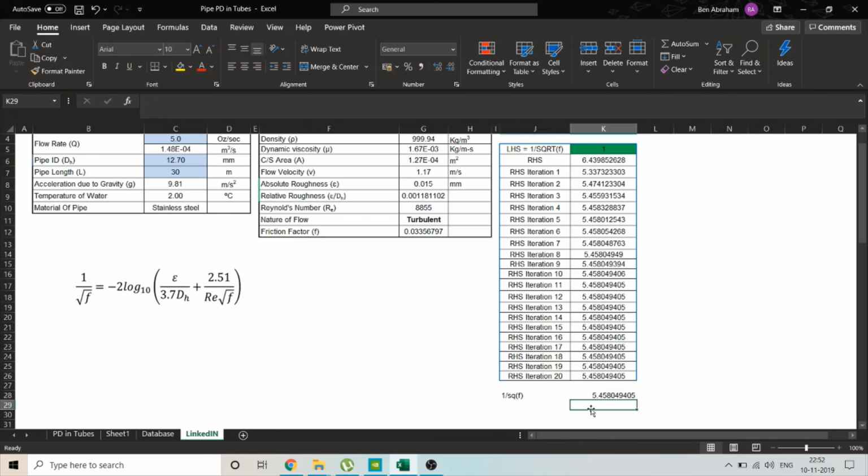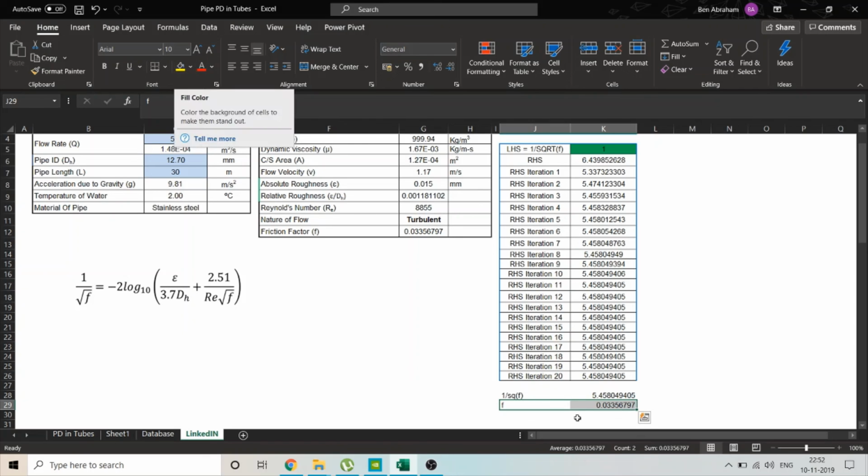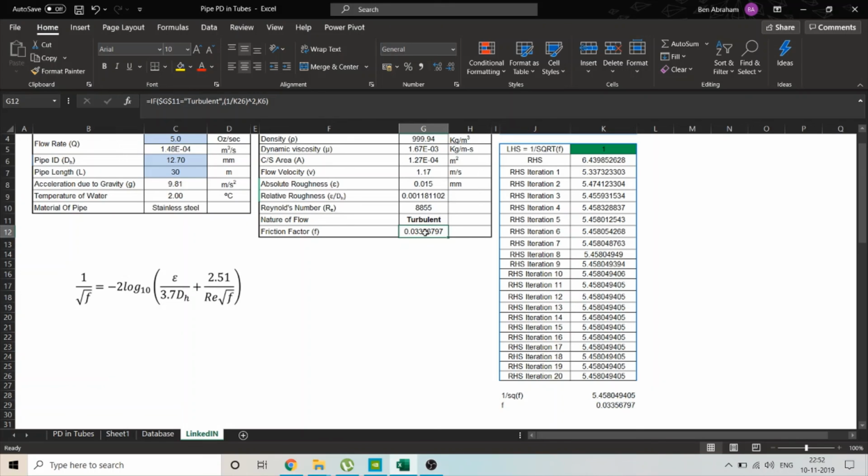So what happens is I have 1 divided by this value, whole squared, and that is my value of f, and hence we've solved our Colebrook equation. And you'll notice that's the equation that's been embedded here as well.